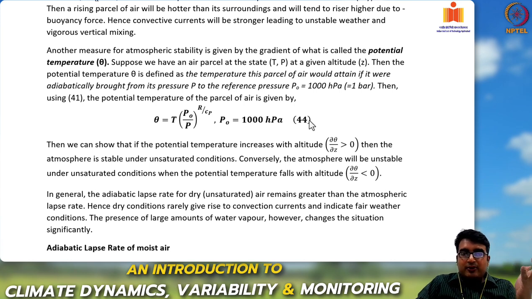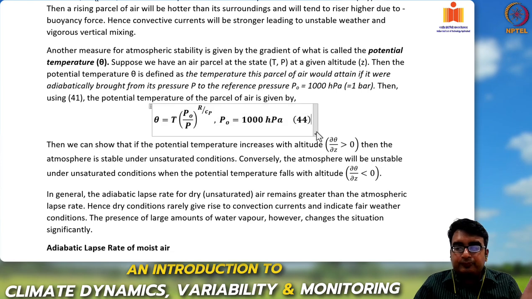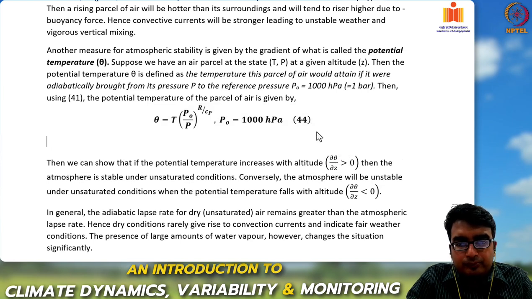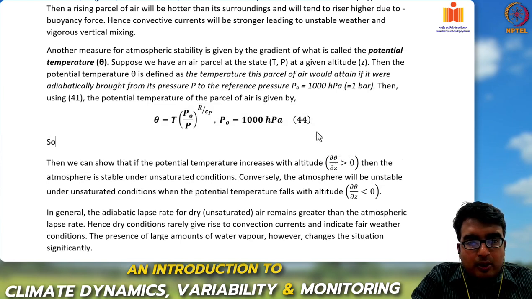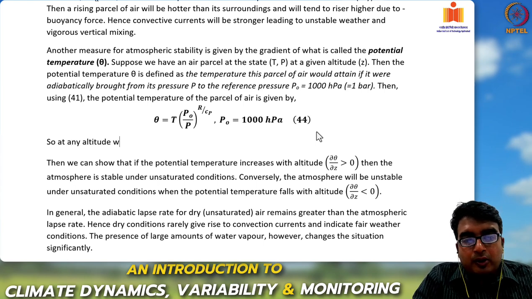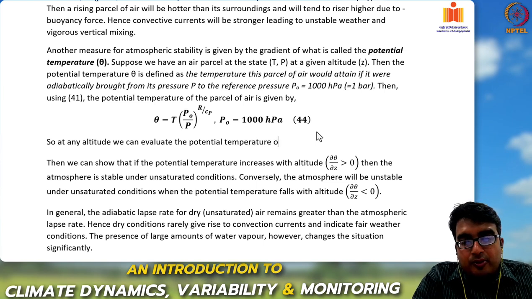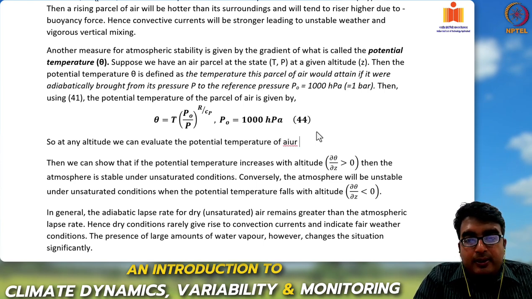Okay. So let's just write this expression here. At any altitude z, we can evaluate the potential temperature of air at that altitude.